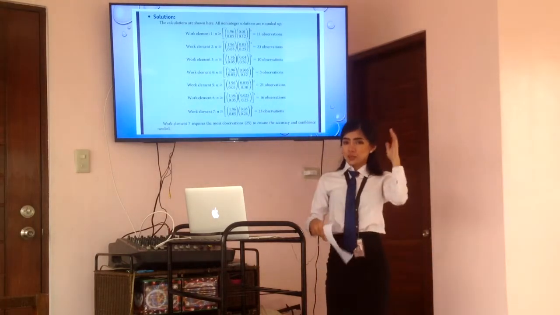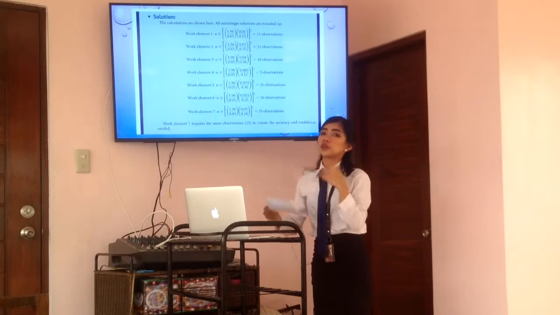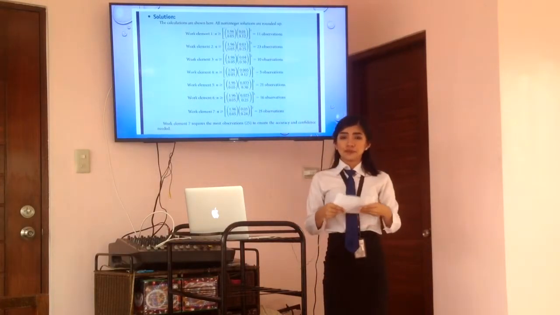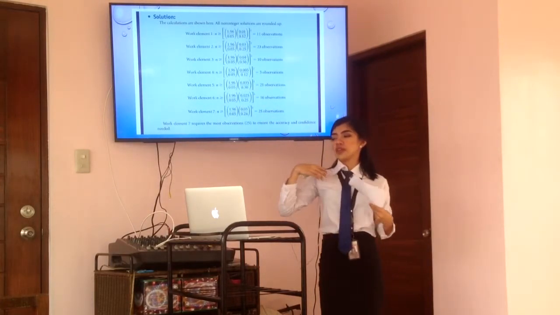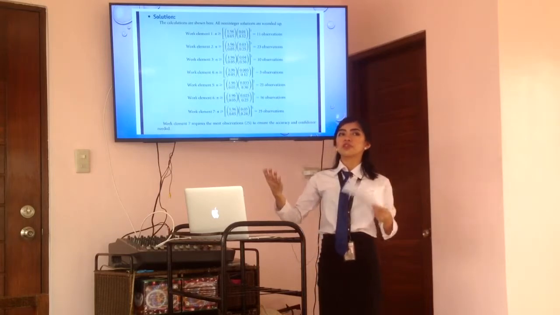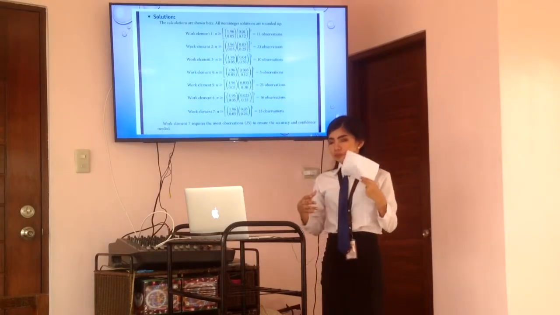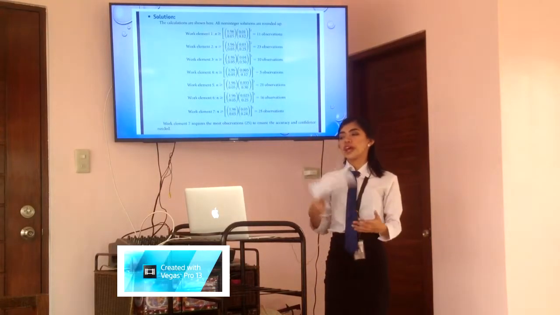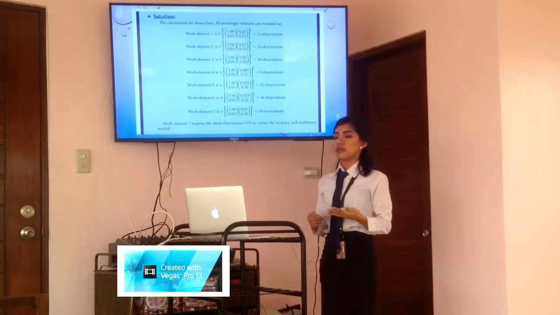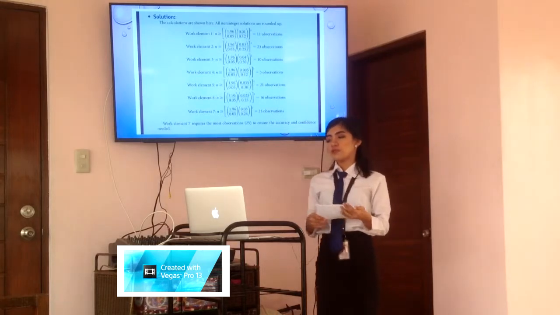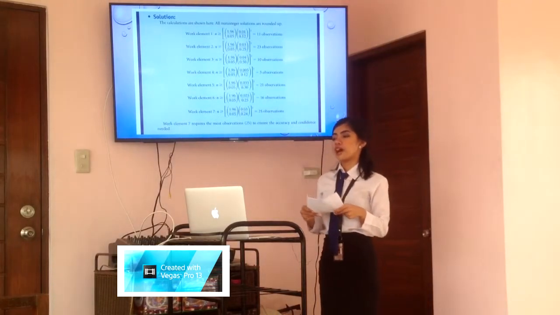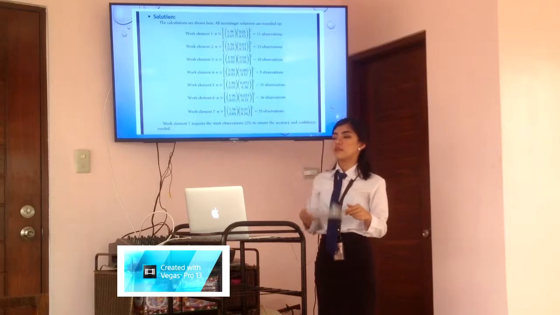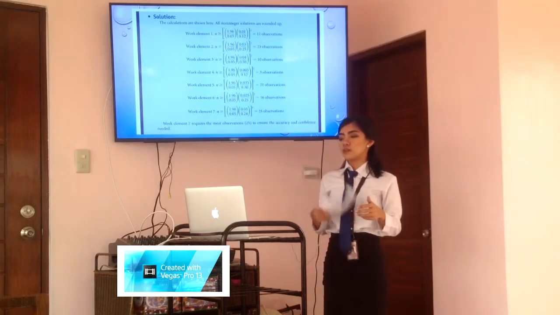As well as in the other work elements, you apply the formula and you'll acquire these answers. For work element number 2, we have 23 observations. Work element number 3, we have 10 observations. Work element number 4, we have 3 observations. Work element number 5, we have 21 observations.